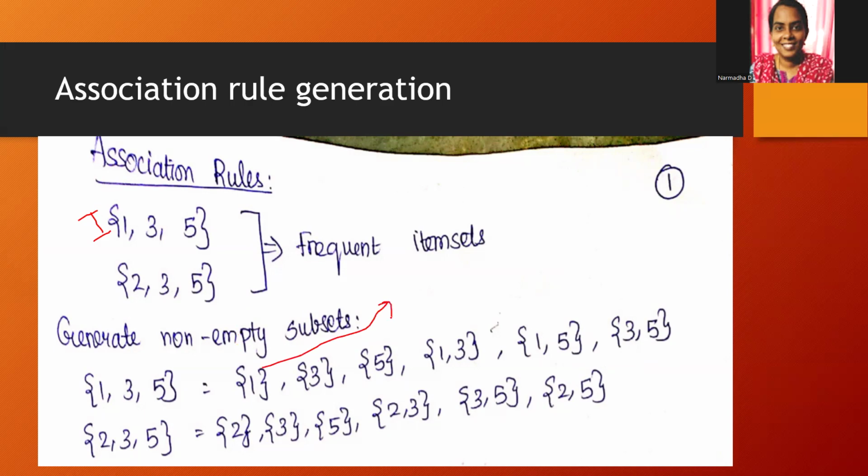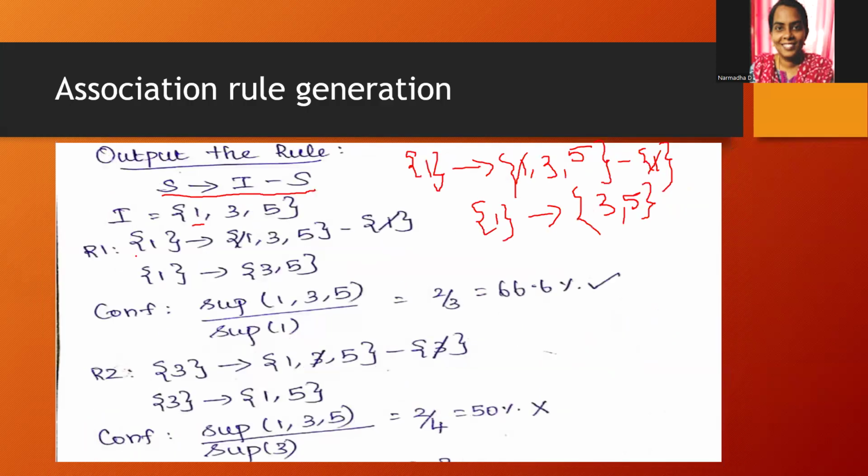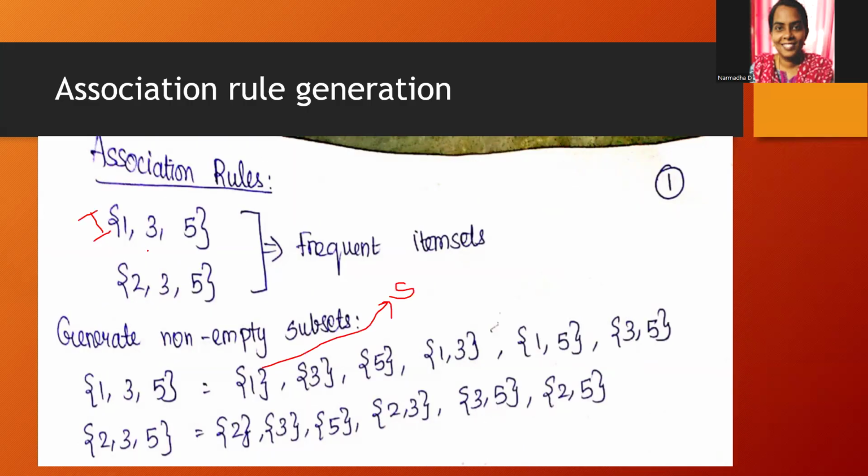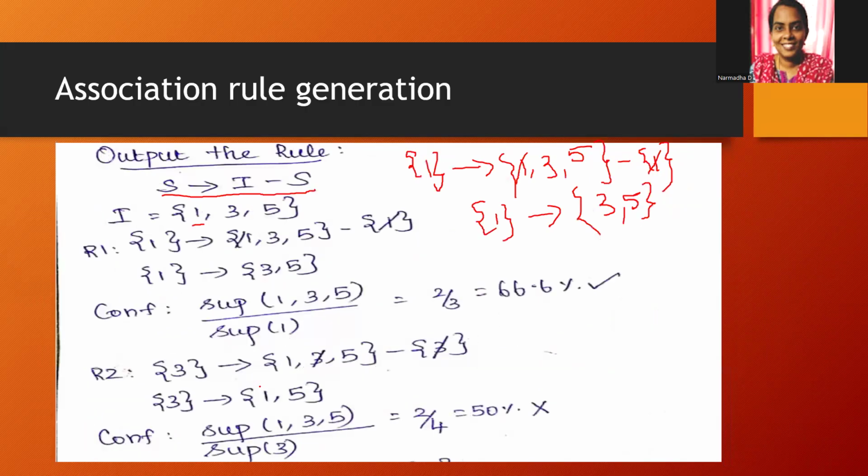So according to the rule, S derives I minus S. Let us consider the item set I as 1, comma 3, comma 5.